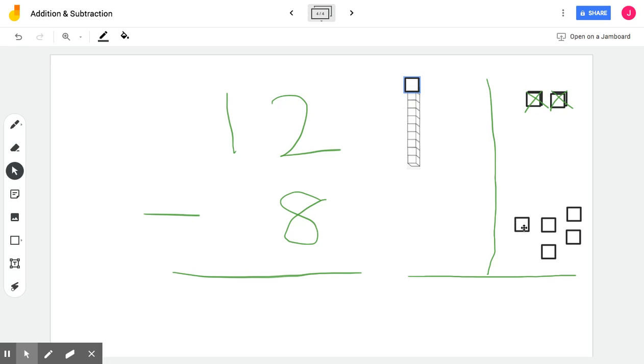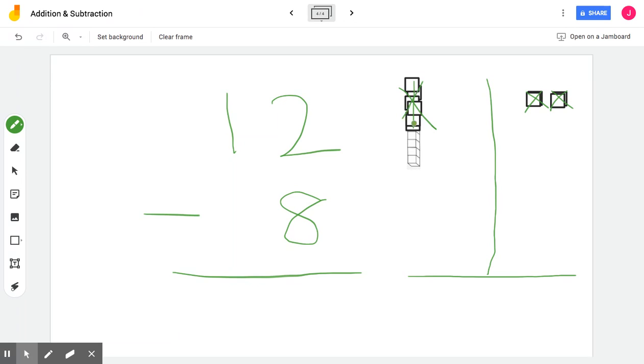So 1, 2, 3, 4, 5, 6. Now we can see we have 4 blocks left over once we have matched all these blocks up.